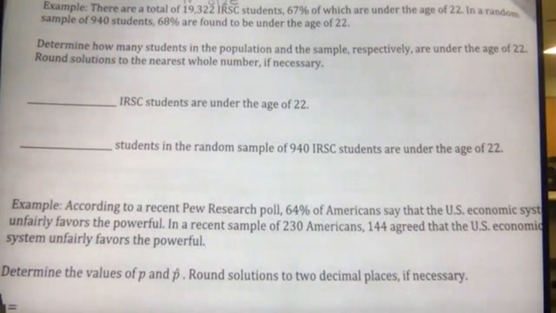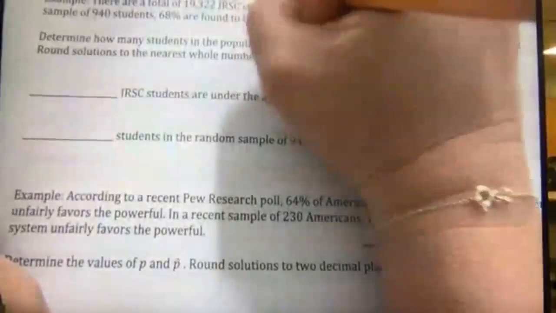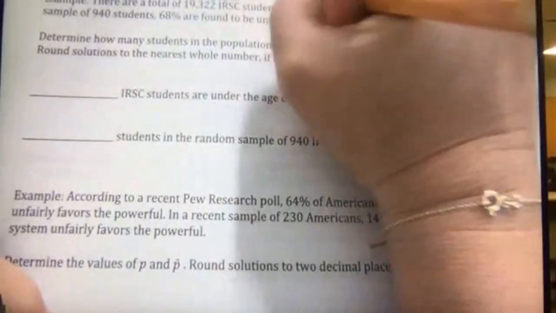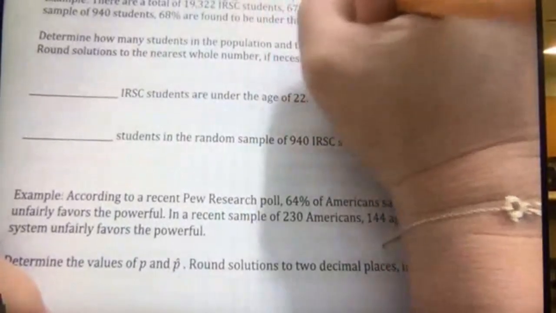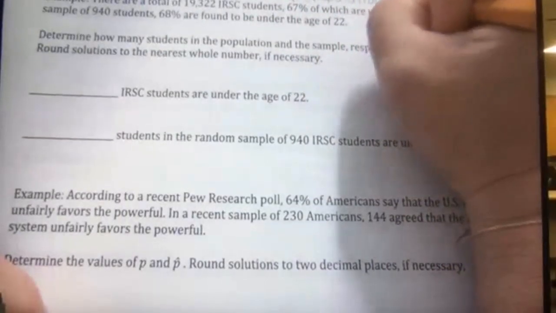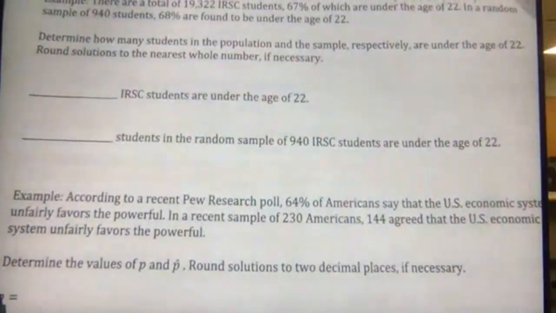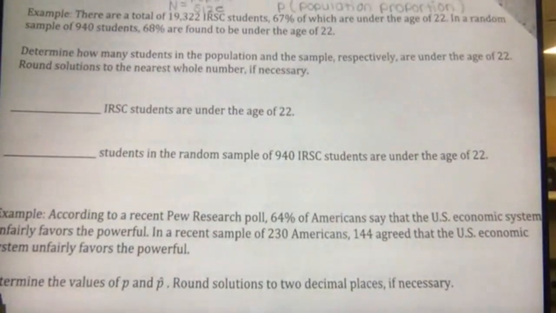Because we're talking about the population and we're talking about a percent, that's going to be our population proportion, which is our p value. Same thing as it would be our population mean, but this time because it's a percent, that means it's a proportion.